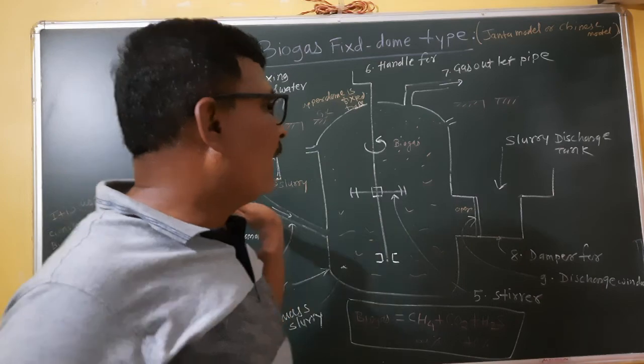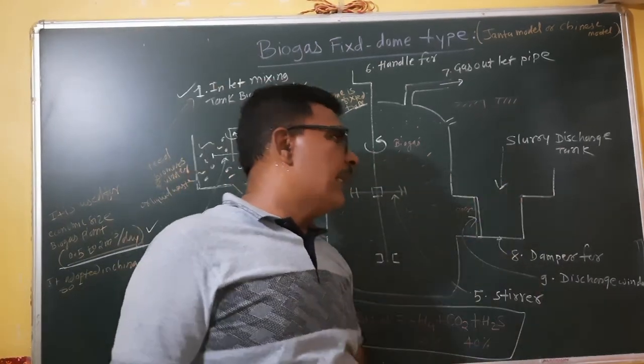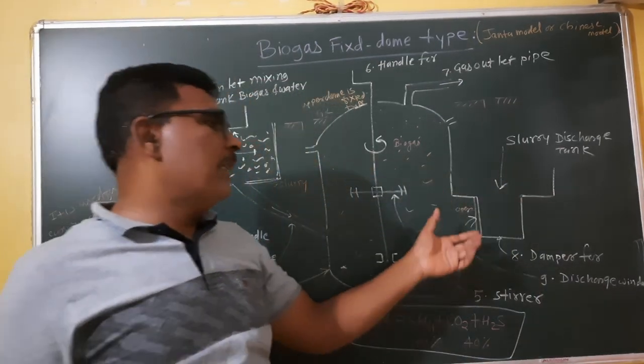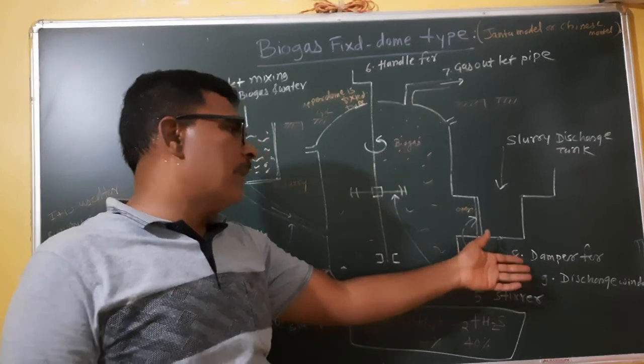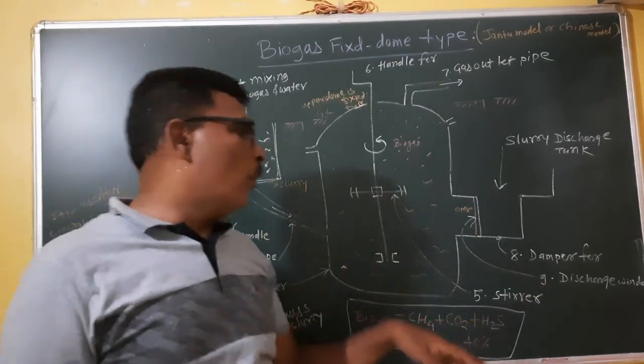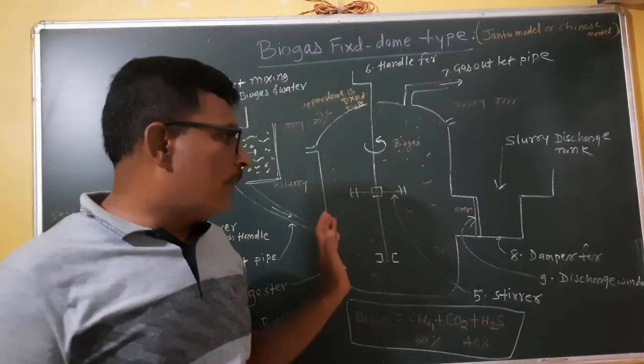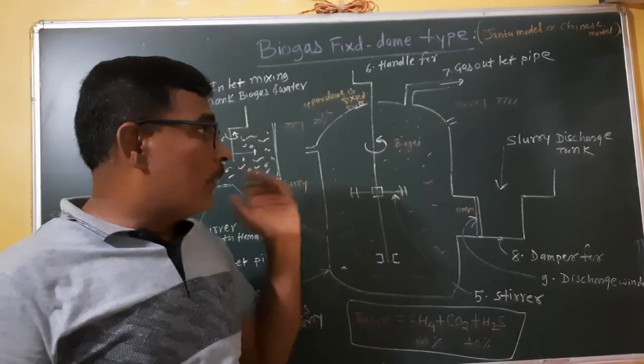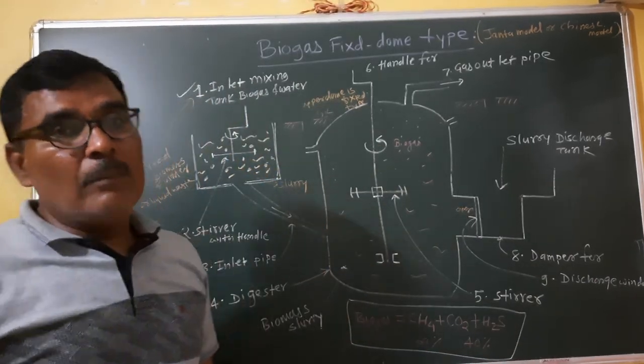And finally the wastage of the slurry goes to the slurry discharge tank, using the damper. That number is the damper, which can be opened. It gives a digester window, and that digester window lets the wastage of the material out.